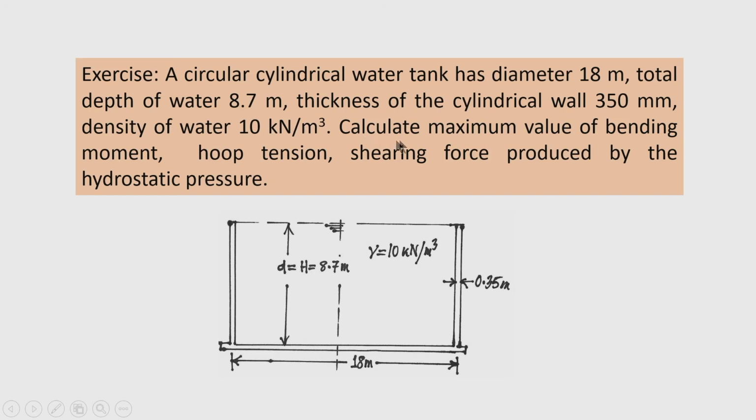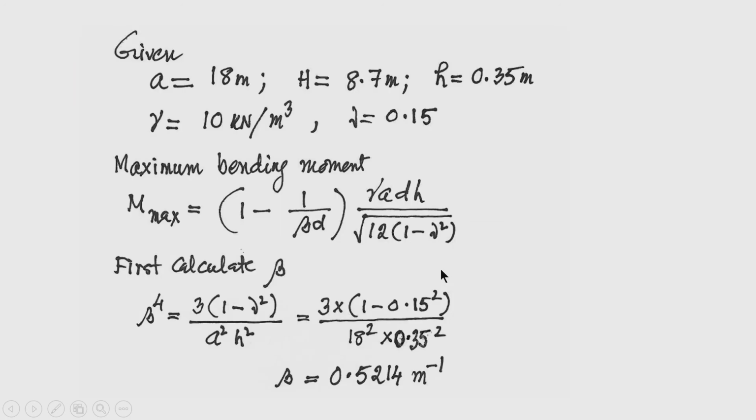We have to calculate the maximum value of the bending moment, hoop tension and, of course, shearing force produced by hydrostatic pressure. Now, let us see this tank. The diameter of the tank is 18 meter, the height of the water is 8.7 meter, the density of water is 10 kilonewton per meter cube, and the thickness of the wall is 0.35 meter.